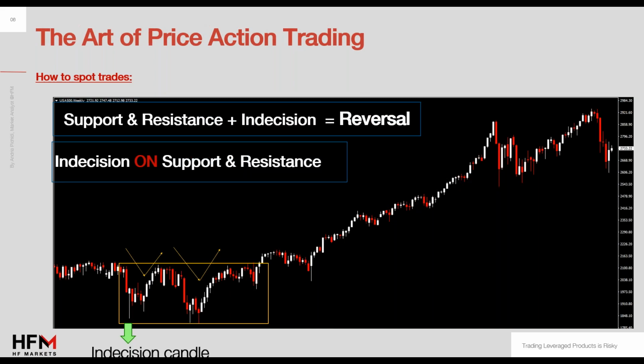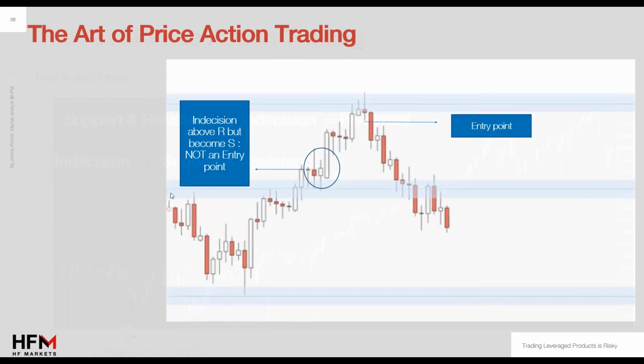Now let's see another example. Actually, it's a demonstration rather than a real example. What we have over here is a pound yen, but it doesn't matter what it is. It was just for demonstration purposes. So by the way, you don't need a huge preceding trend, as you obviously understand from my example.